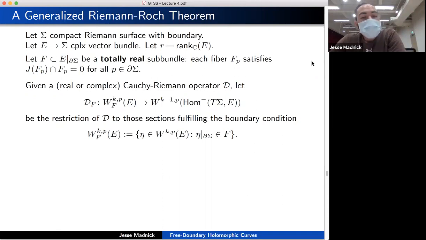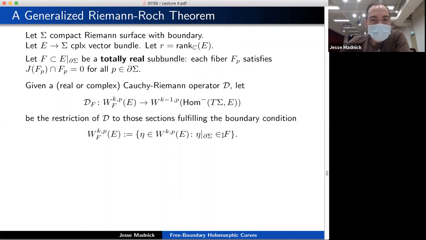The boundary conditions we want to consider are the ones that are going to show up in the Lagrangian boundary problem. So given a Cauchy-Riemann operator D, let D_F be the restriction of D to the sections which fulfill the boundary condition.